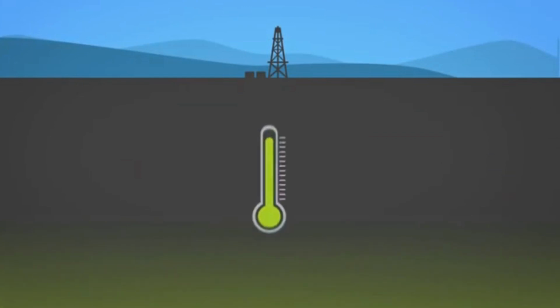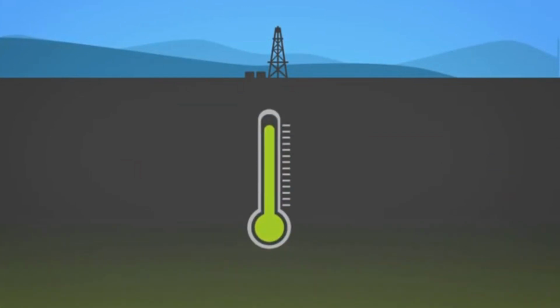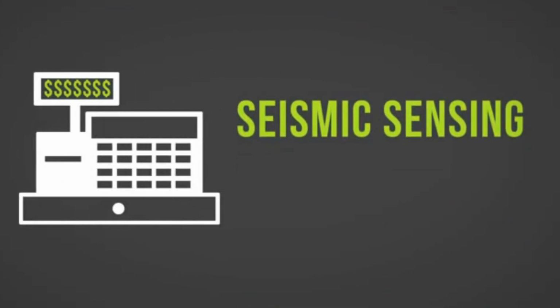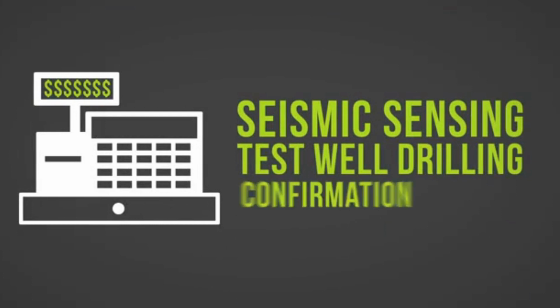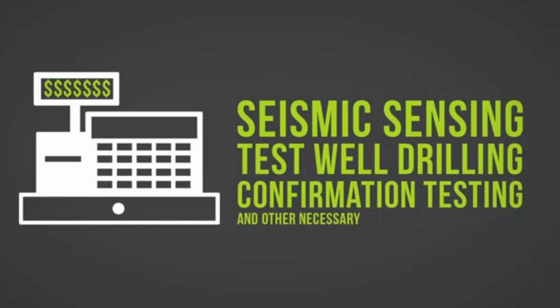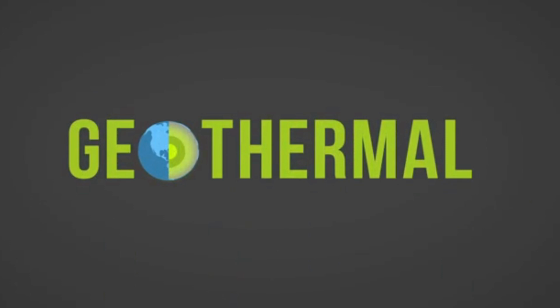Additionally, drawing heat from the Earth's crust can, if done irresponsibly, lower the ground temperature below the surface. The upfront costs for geothermal energy production are relatively high. It is expensive to carry out the seismic sensing, test well drilling, confirmation testing, and other necessary preliminary investigations to ensure that your new geothermal plant will be capable of meeting desired production. That's geothermal.